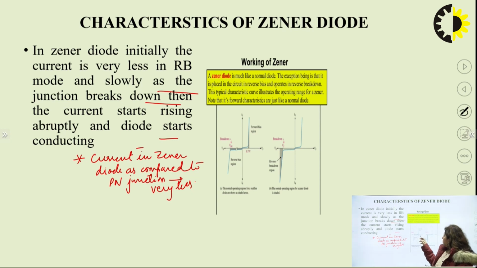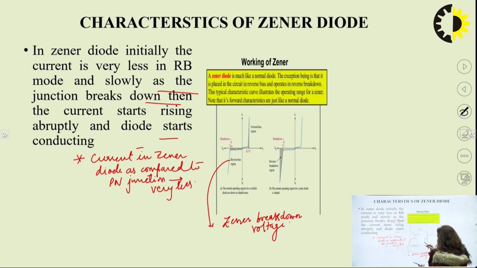So whenever there will be some junction breakdown, only in that condition the diode will start conducting. So this region is your Zener breakdown voltage, and you can see that the current starts increasing sharply. Here 0.7 volts in the forward biased is taken for silicon.